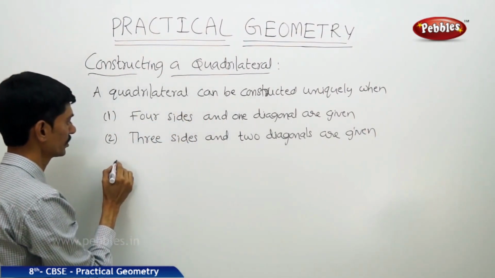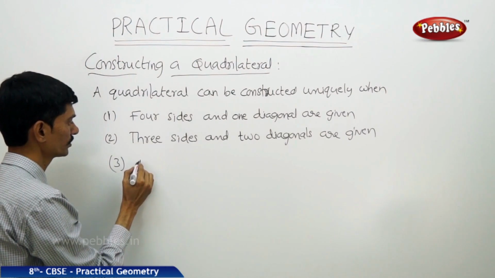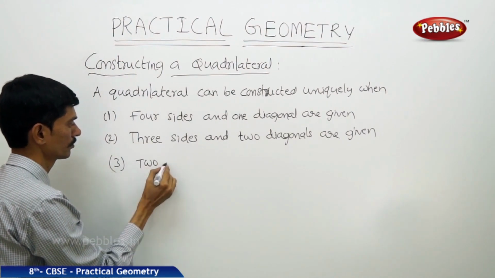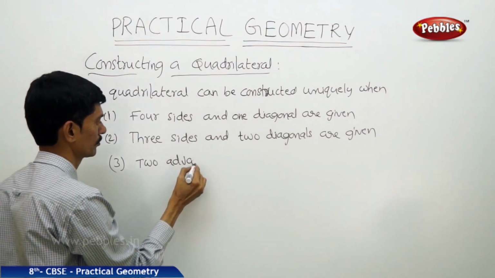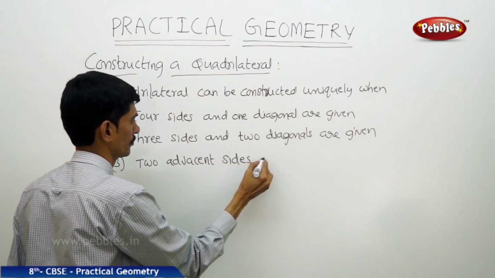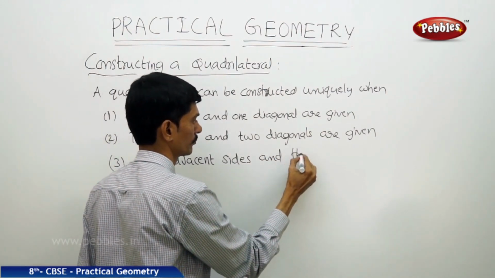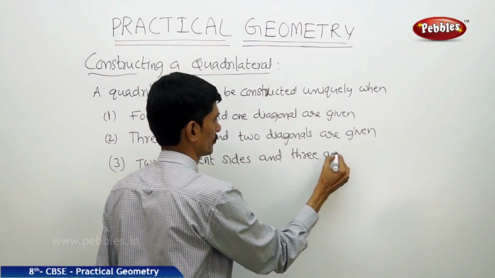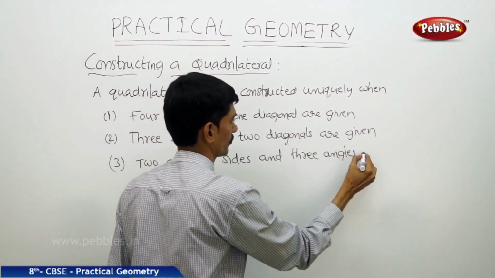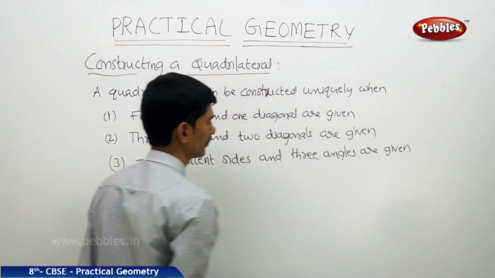And the third case is that 2 adjacent sides and 3 angles are given.